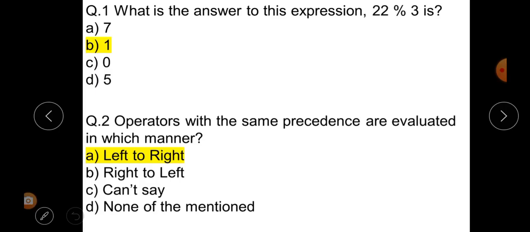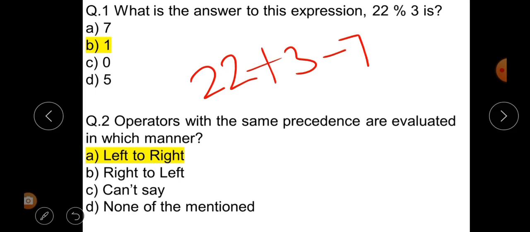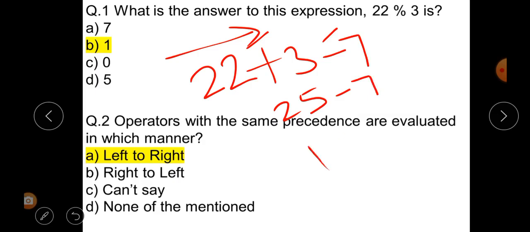For example, if there is a question like 22 plus 3 minus 7, plus and minus both have the same precedence, so we always calculate from left to right. That means first 22 plus 3 will be evaluated. After that, the result is 25, then 7 is subtracted from 25. That means our answer is 18.